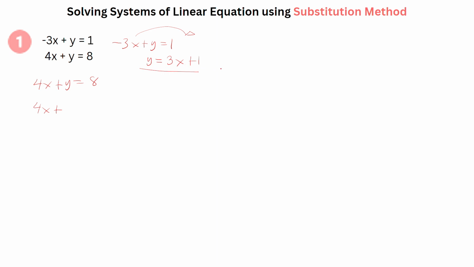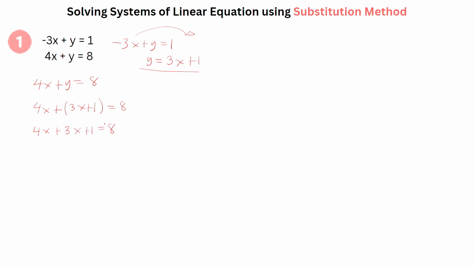So this time, instead of writing y, I will write here 3x plus 1. I put parentheses for safety purposes, and then equals 8. Now I'll rewrite it again. So 4x plus, since there's no number here to distribute, I'll just copy the one inside the parentheses.